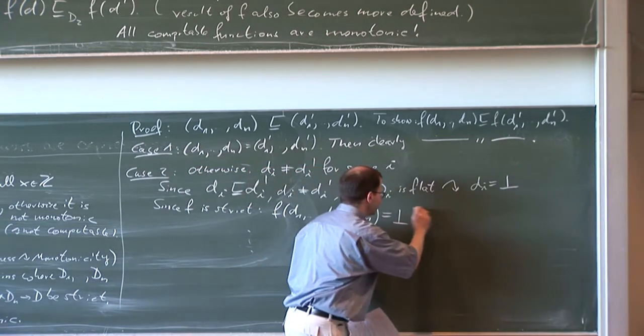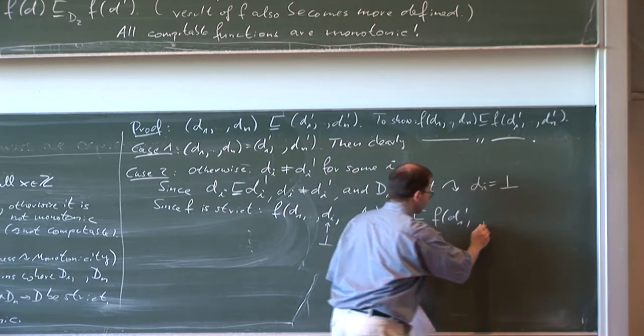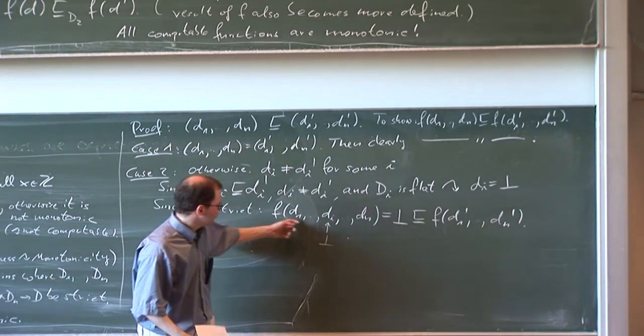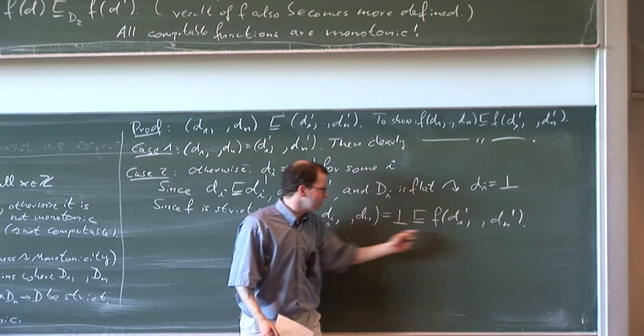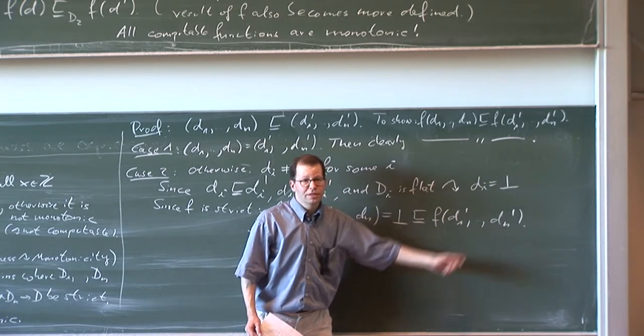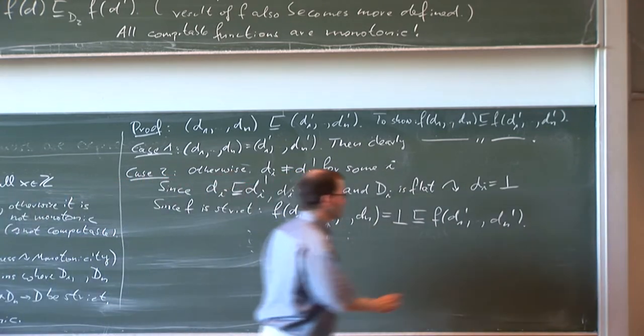Now bottom is clearly smaller or equal than anything else. And this is what we wanted to show. So f of d1 to dn is less defined or equal than f of d1 prime to dn prime. So indeed, in this case, strictness implies monotonicity.